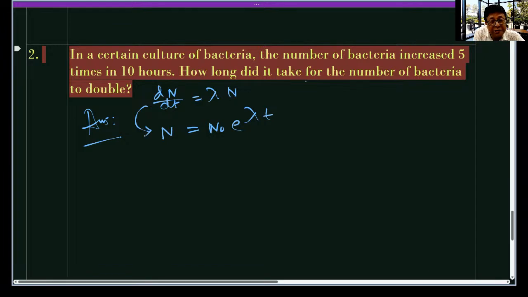N0 stands for the initial number present. The number of bacteria increased 5 times, so when N equals 5N0, t is going to be 10 hours.